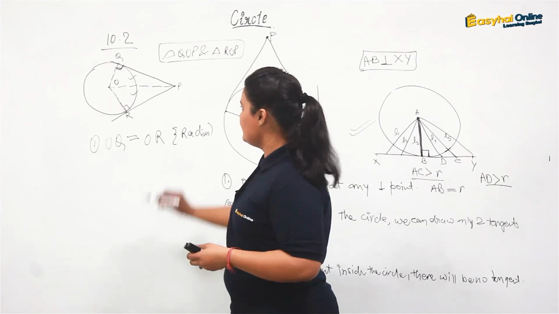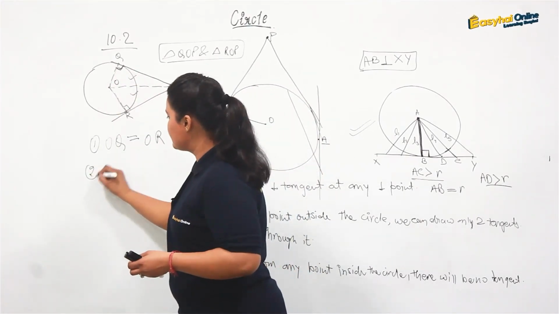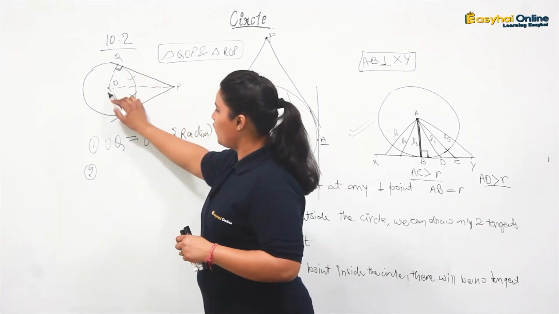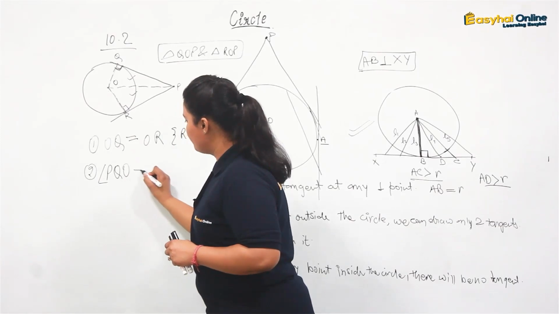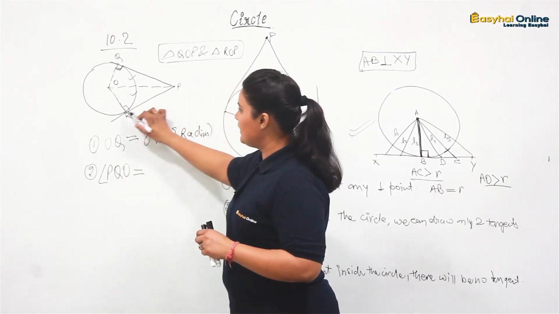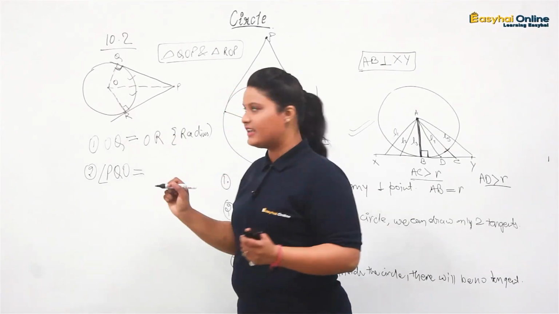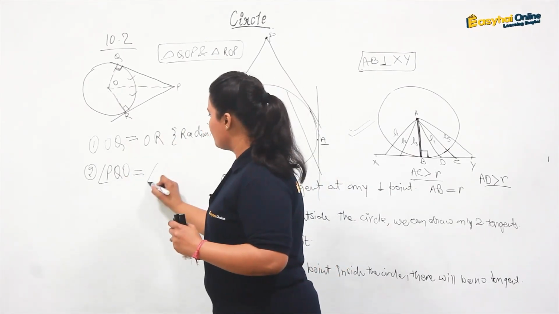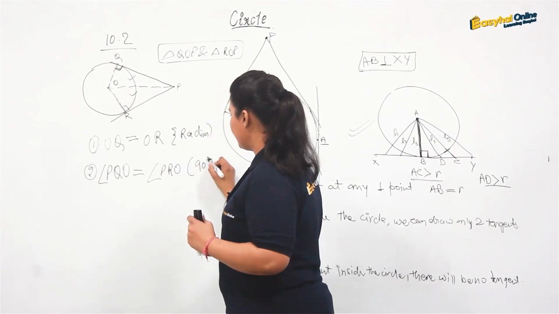Clear? Hence I can say angle PQO will be equal to angle PRO, because both the angles are right angles, 90-degree angles. Angle PQO is equal to angle PRO, reason: 90 degrees.